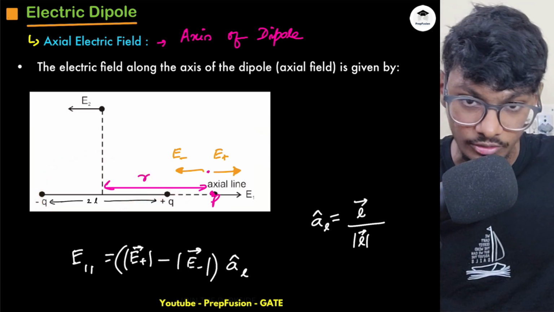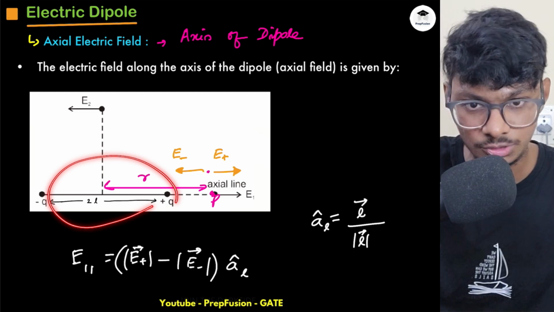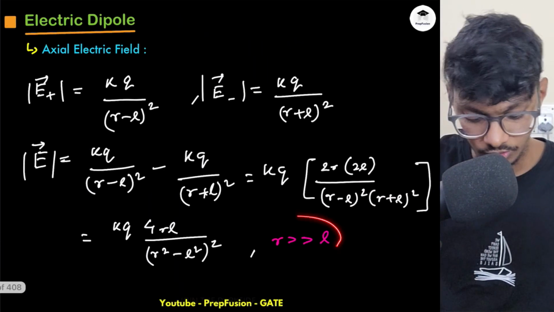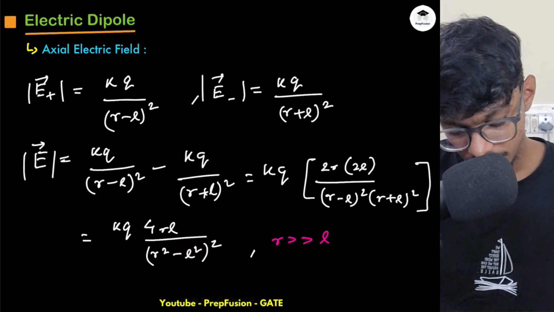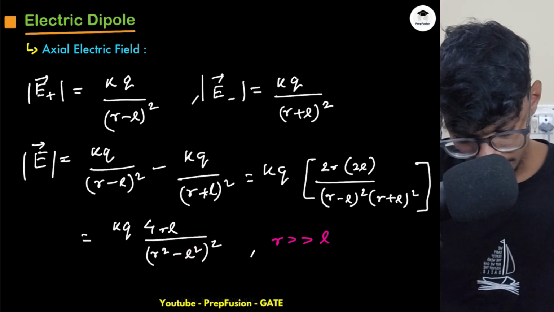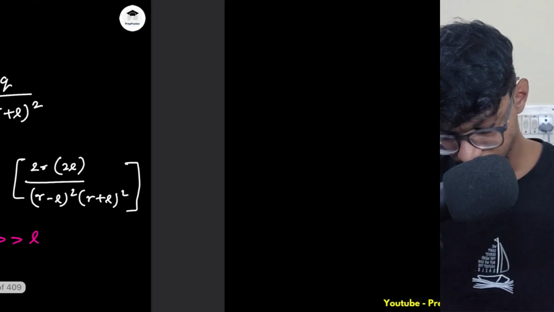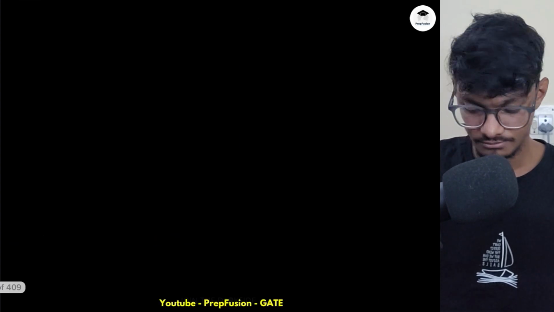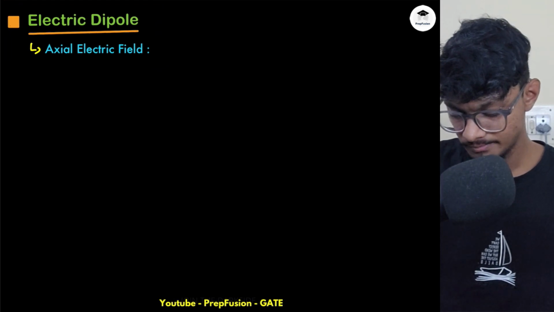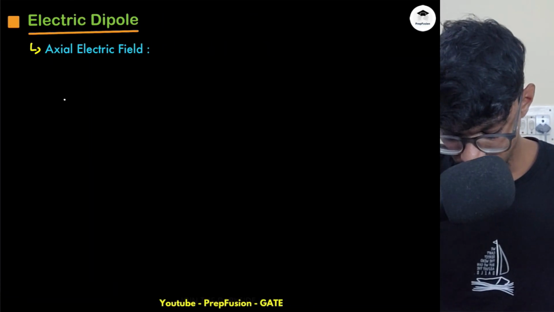The distance at which I will measure the electric field will be very far away as compared to this 2L distance. So we'll assume R very much greater than L, so this L square I can ignore. So what will this overall simplify to?